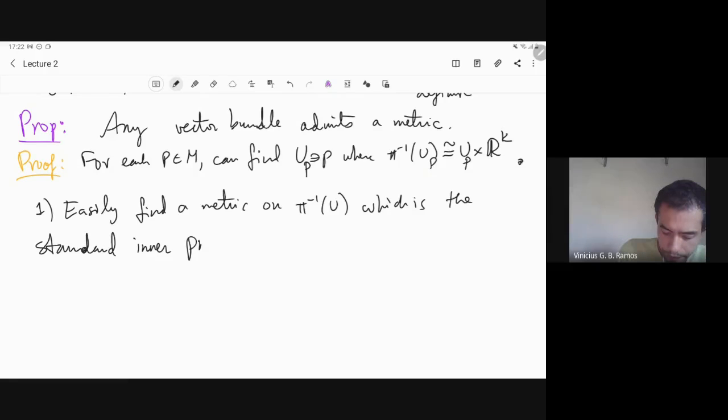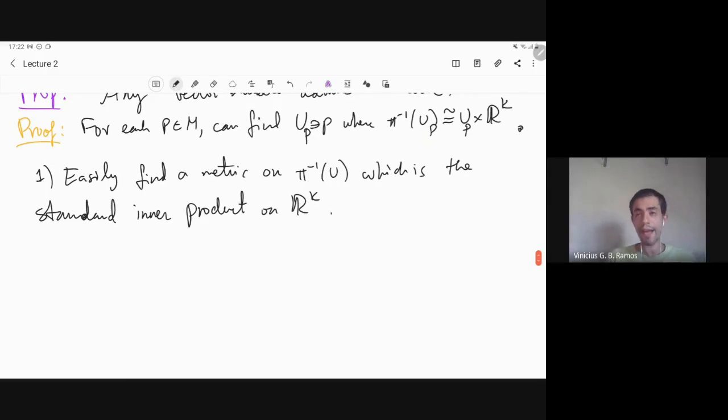I'm going to call this g_p. Okay? And then now you use partitions of unity.